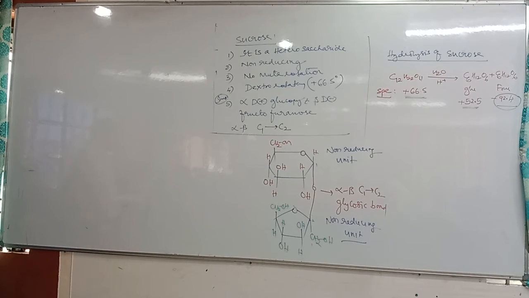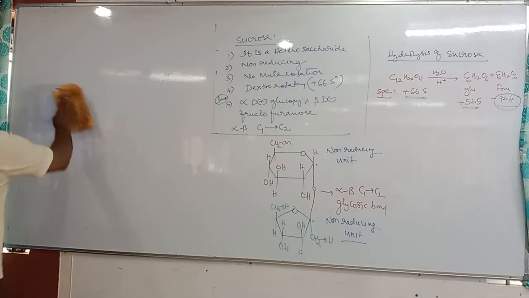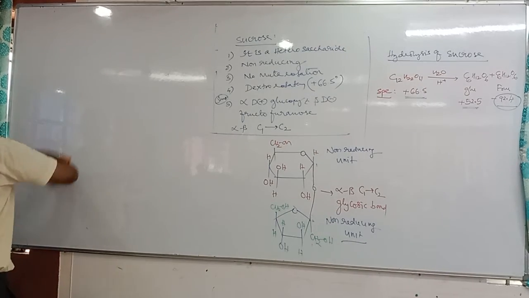As the levo rotation, minus 92.4, is greater than the dextro rotation, 52.5, the resulting solution becomes levo rotation.